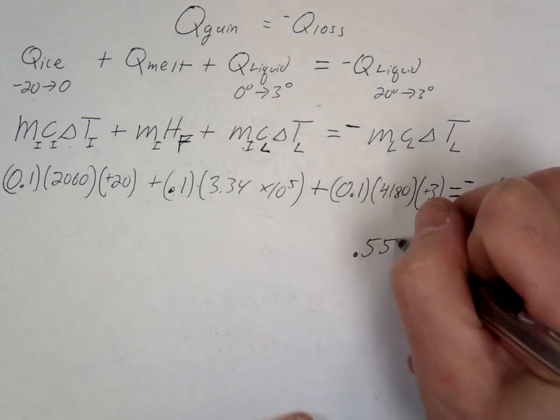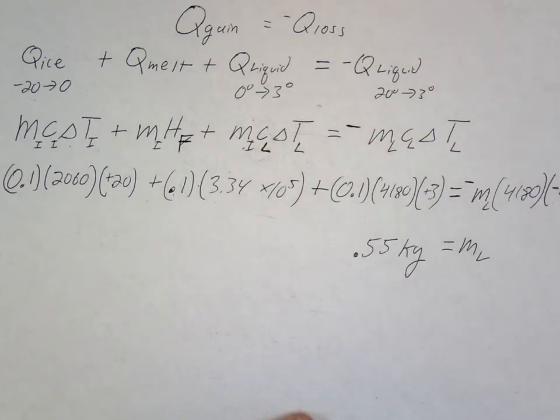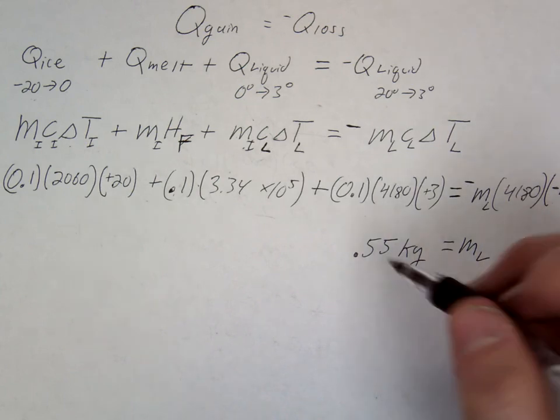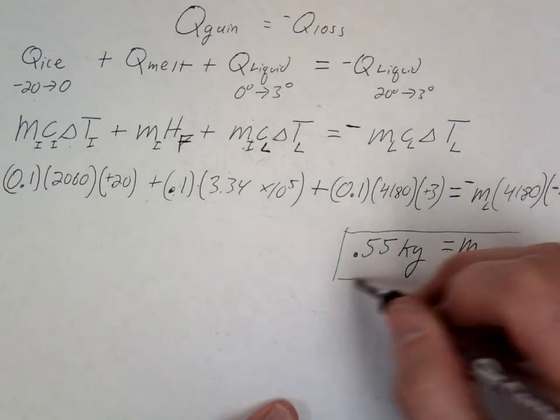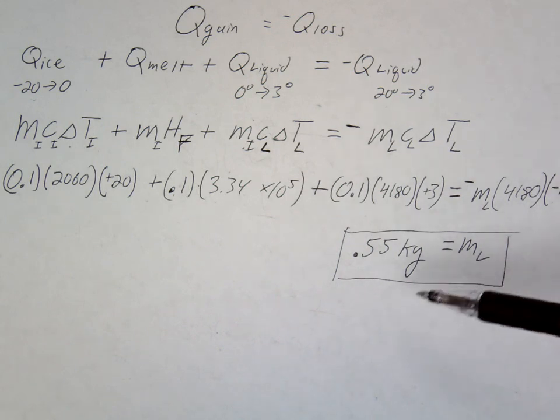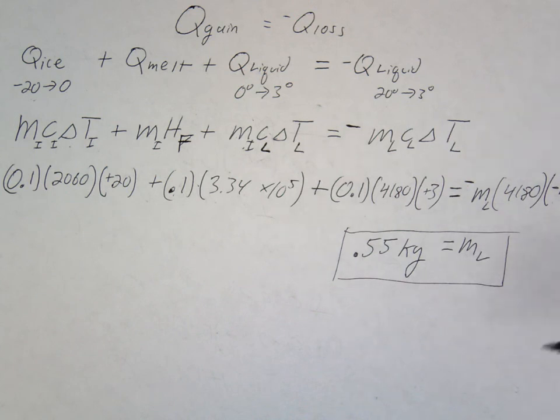Yeah. 0.55? Good, good, good. Sounds about right, actually. Okay, and that's about, like a normal water bottle. That'd be about the amount that you'd find in a normal water bottle.